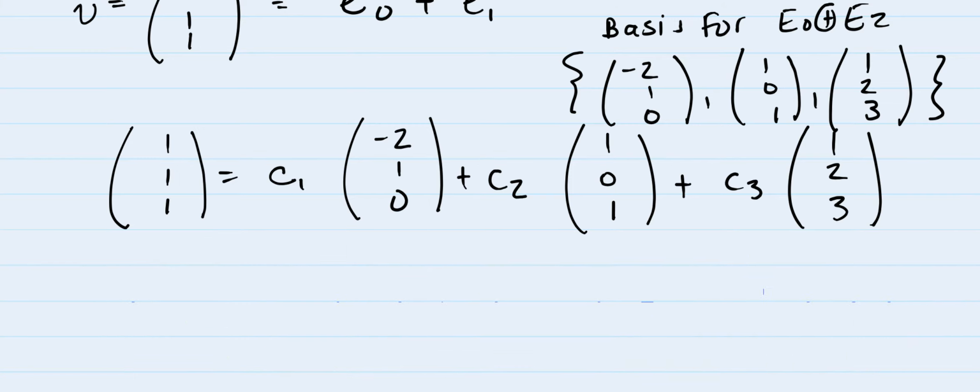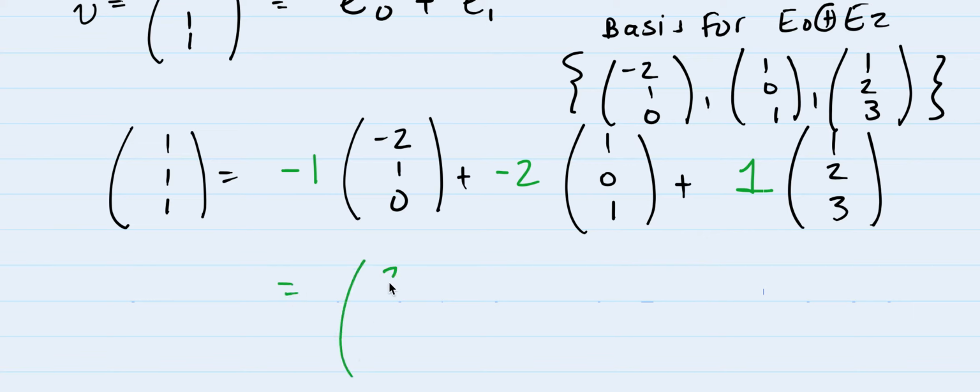Okay. So right here, we have that C1 was -1, C2 is -2, and C3 was 1. Let's double check this just to make sure we did it correctly.